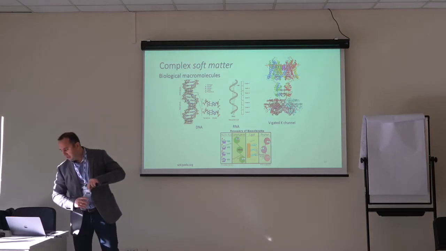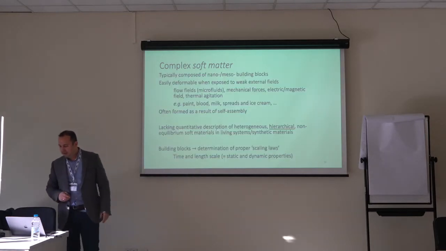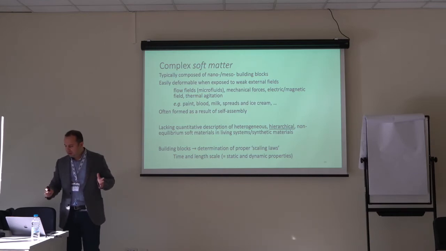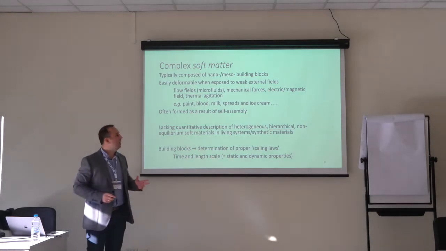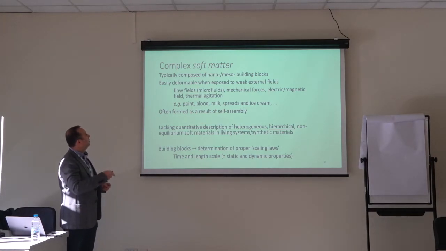Okay, so these are the materials that are already there for the microbiological side, and this slide is more like summarizing what I already told you. We have soft matter, which is typically composed of nano- and mesoscale building blocks that are easily deformable when exposed to weak external fields, like flow fields, microfluidics, mechanical forces, electrical and magnetic fields, and thermal agitation.